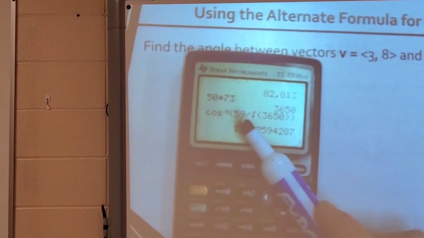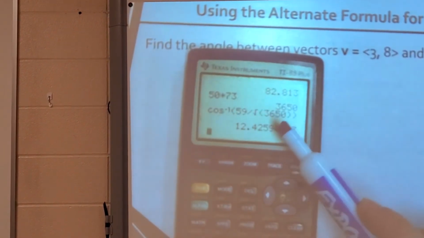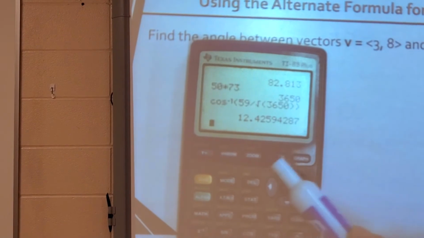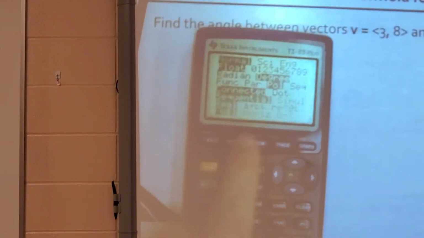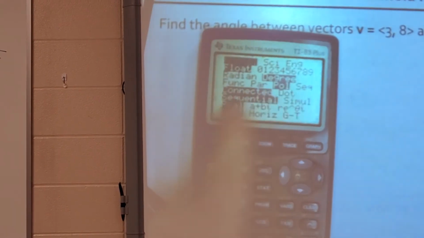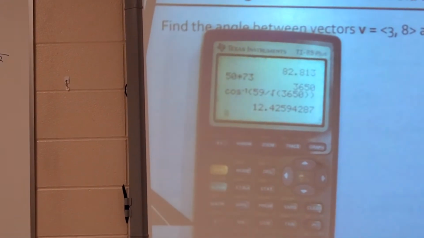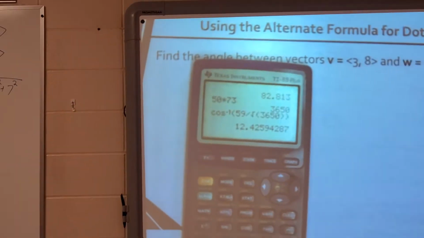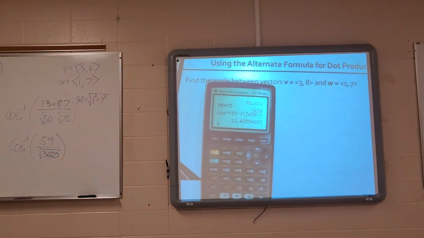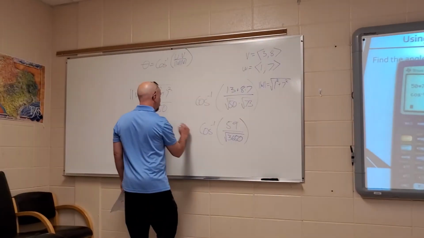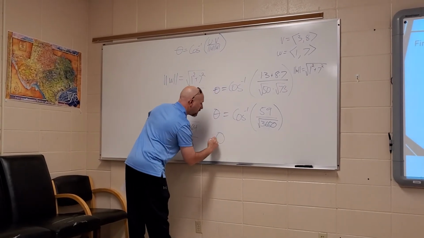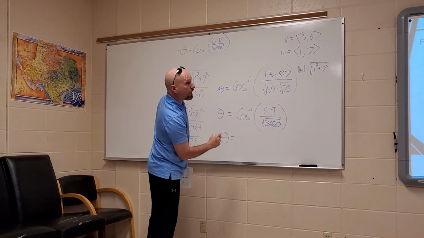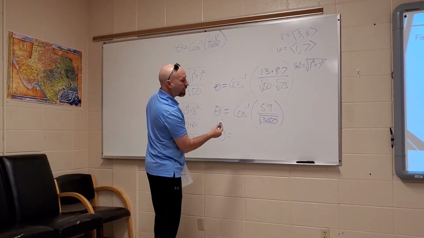Cosine inverse of 59 divided by the square root of 3650, and you get 12.42. Make sure you're in degrees, and that's your answer. So the angle theta is 12.43 degrees.